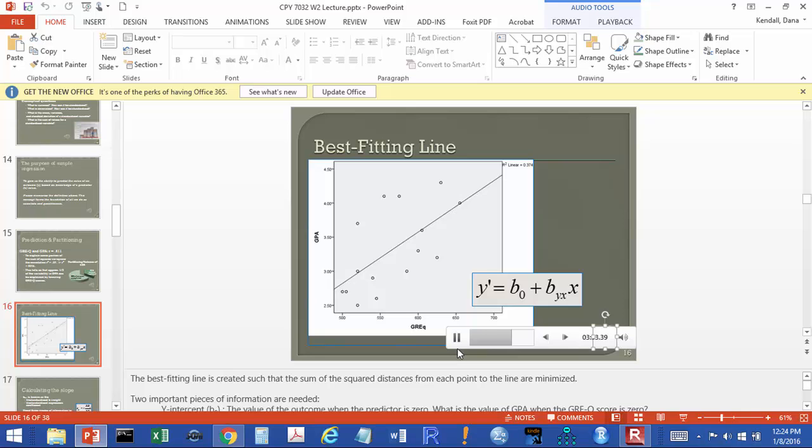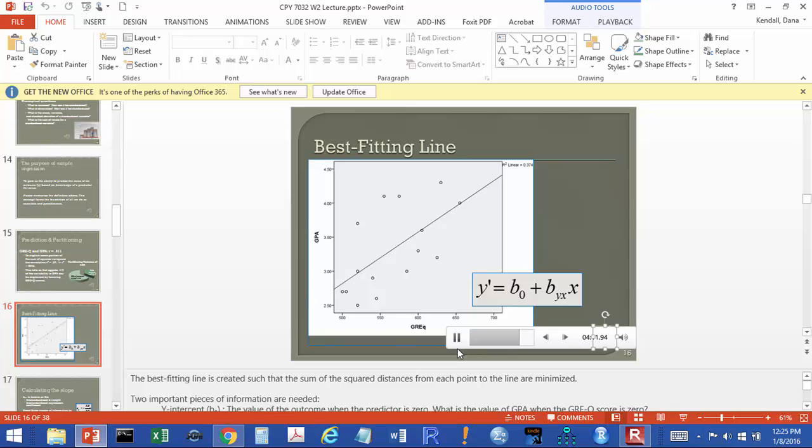Predicted values are for every data point in your data set. You're going to have a predicted value of the DV for each one. For every value of x, you can plug in whatever the GRE score is for a particular person. You'd plug that into x, and then you'd have the computer calculate your y-intercept and your slope, and then you get a predicted DV value for whatever that x score is.